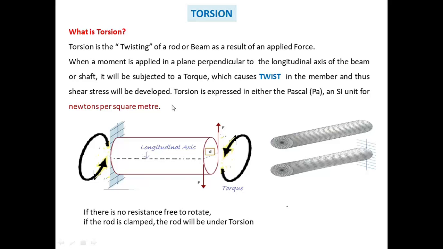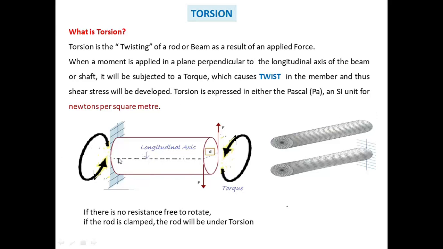What is torsion? Torsion is the twisting of your rod or beam as a result of an applied force at its ends. When a moment is applied in a plane perpendicular to the longitudinal axis of the beam or shaft, it will be subjected to a torque.